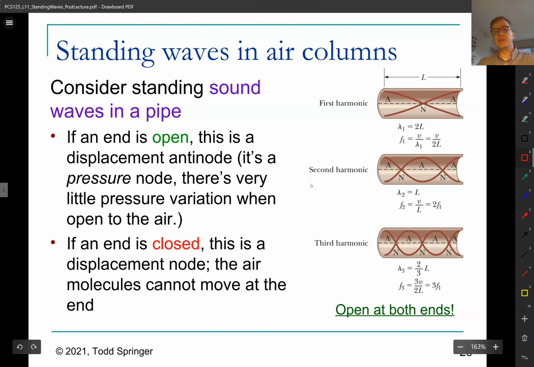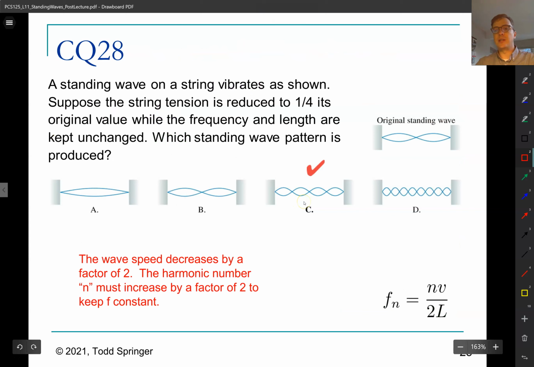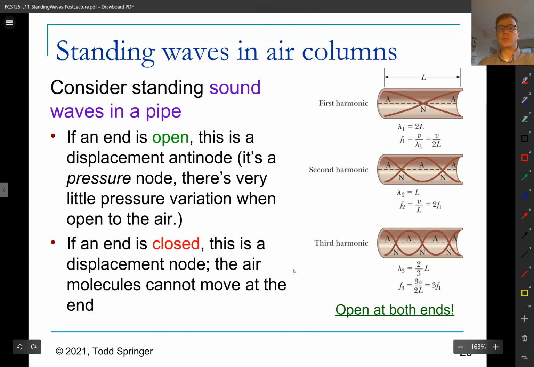Okay, the key point is that for a string, which is fixed at both ends, the ends both have to be nodes because they can't move. When it comes to sound waves in a pipe, if an end is open, that's an antinode. Open is an antinode, and to be precise, it's a displacement antinode.